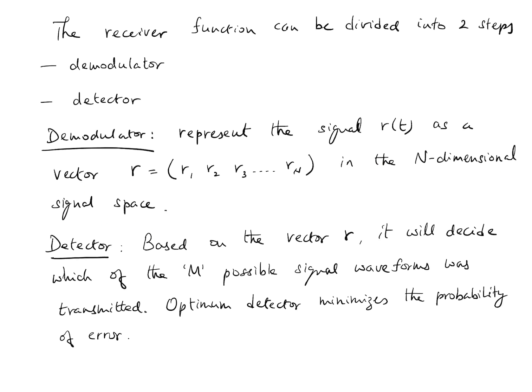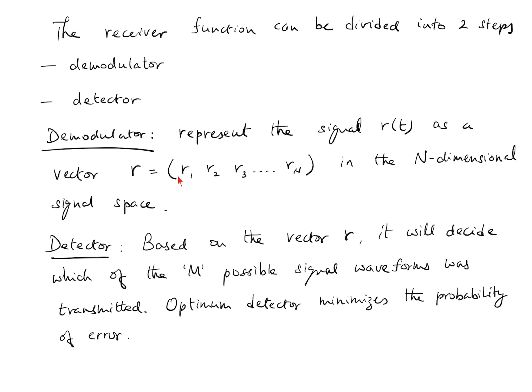The vector r corresponding to the received signal waveform r(t) has elements r1, r2, r3 up to rn. It is of length n because it is going to be in an n-dimensional space, and each of these elements r1, r2, r3 and so on represents the projection of the received signal r onto the basis function phi1.